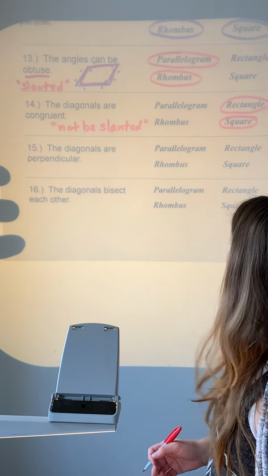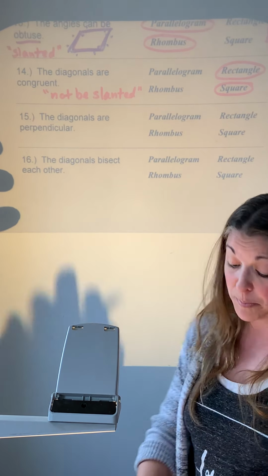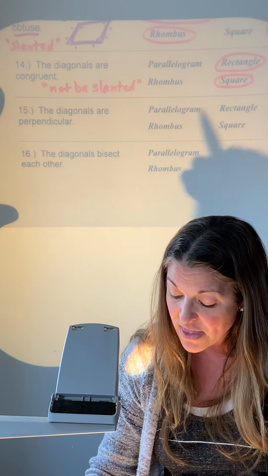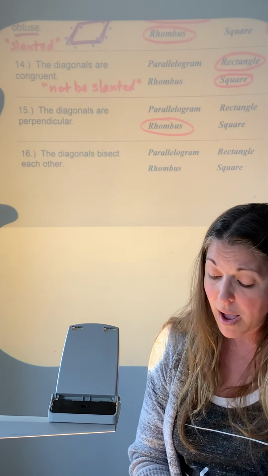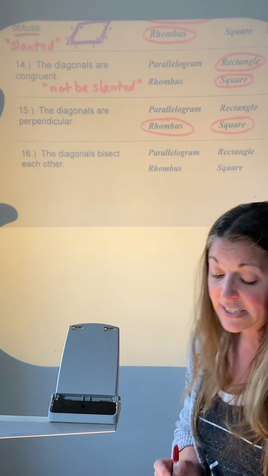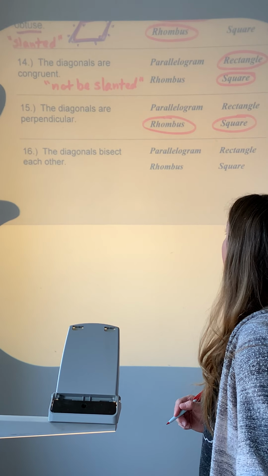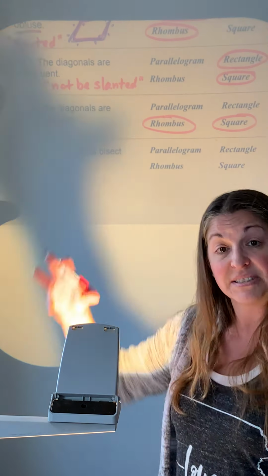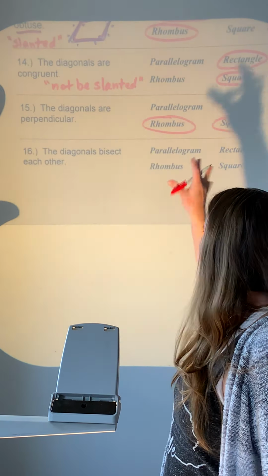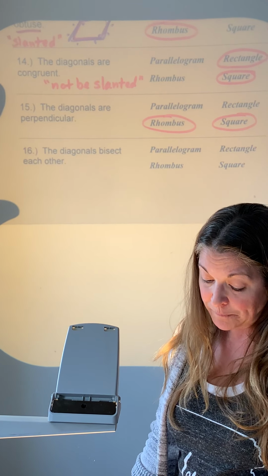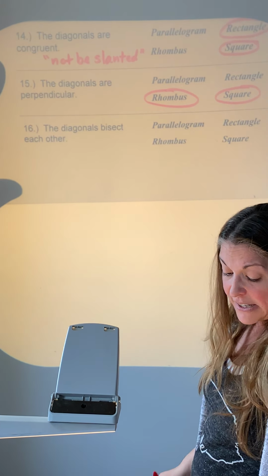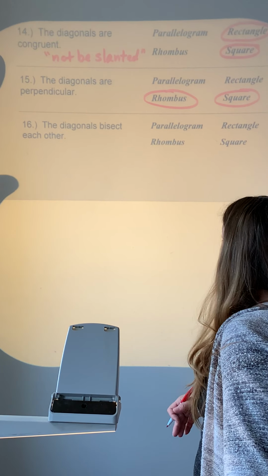Number 15, the diagonals are perpendicular, okay? Well, that first started happening with the rhombus, and that characteristic was passed on to the square. So remember we said that with the rhombus, all the 90s were in the middle, just as you have it with the square. And lastly, the diagonals bisect each other.